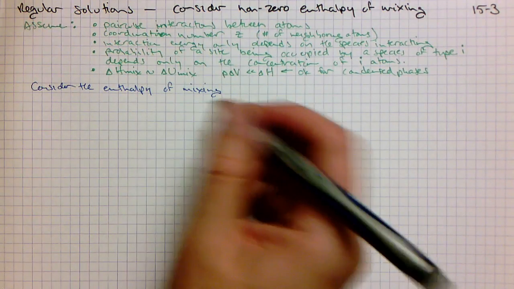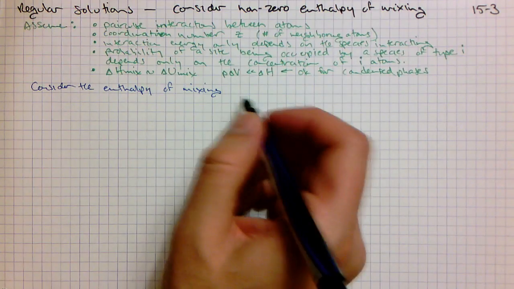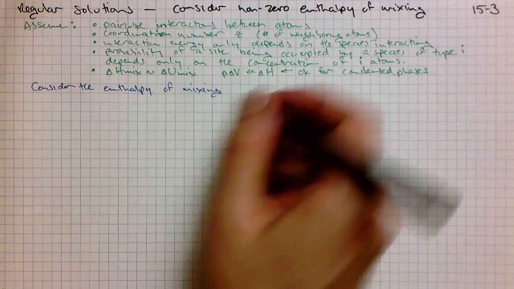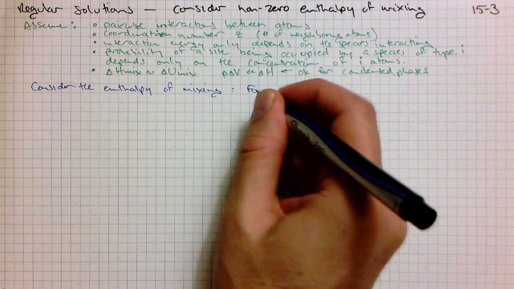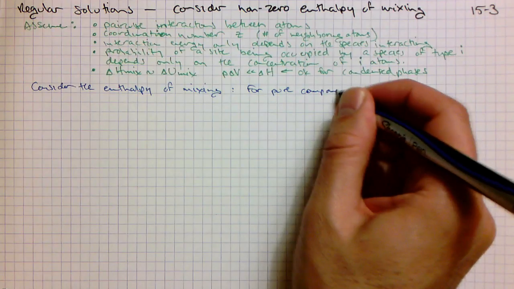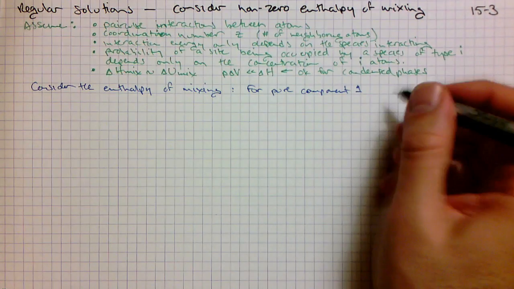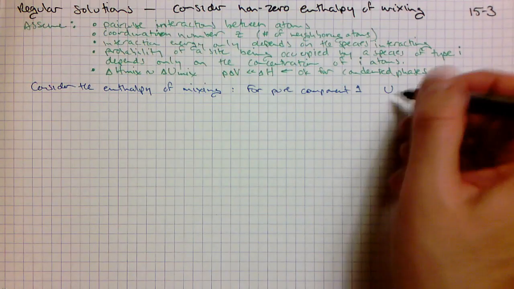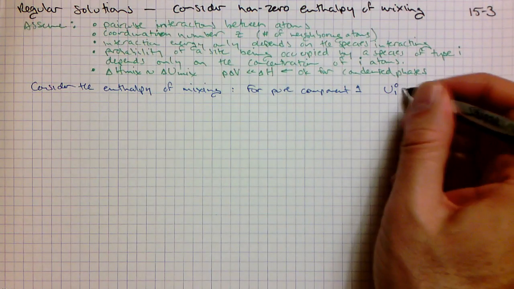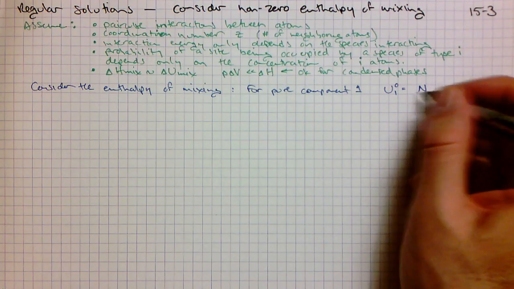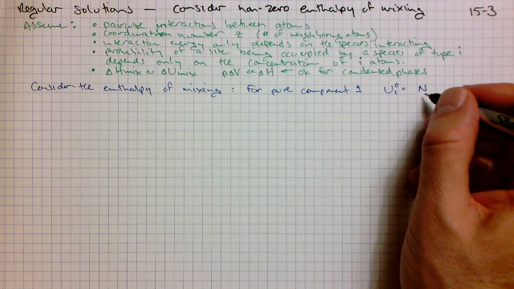For a pure component 1, the energy of the system would be given by a number of bonds proportional to the number of atoms, right?